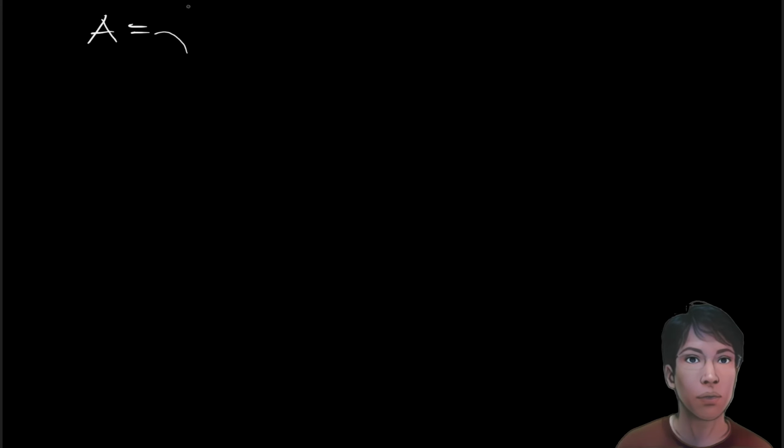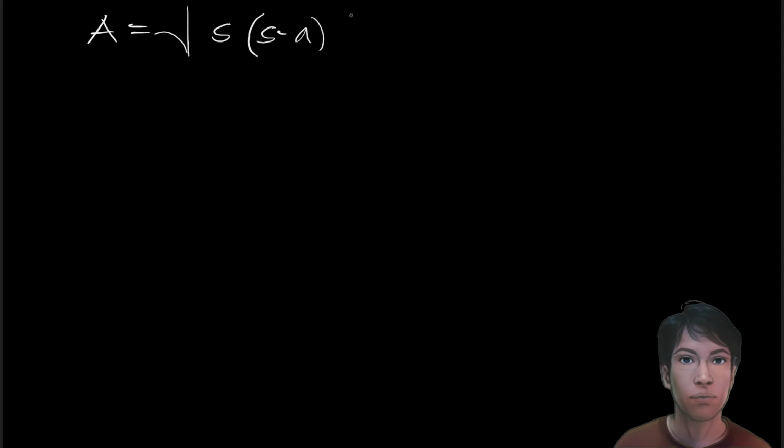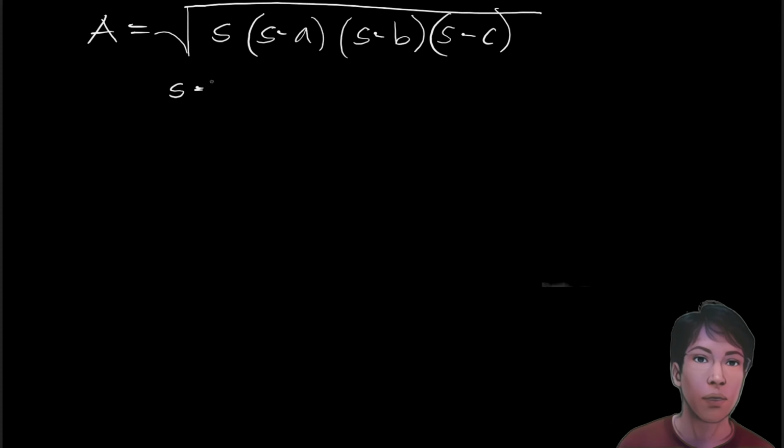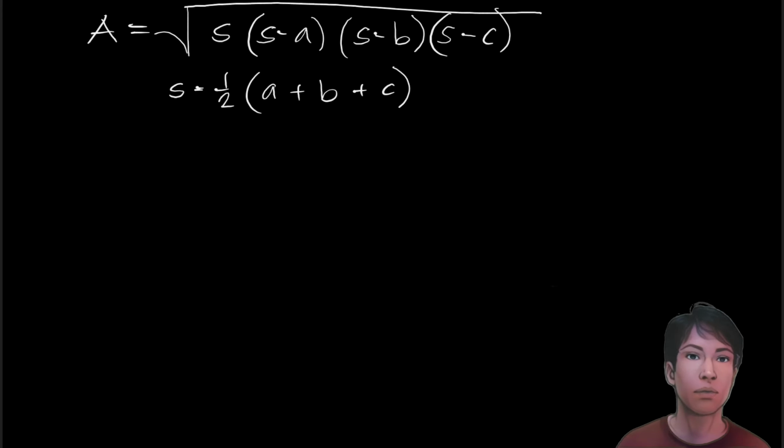Heron's formula, when all sides of the triangle are given, says the area is the square root of s(s minus a)(s minus b)(s minus c), where s is 1/2 of a plus b plus c.